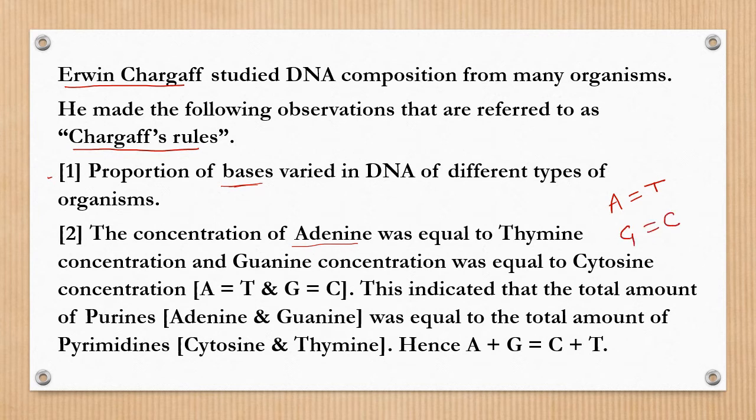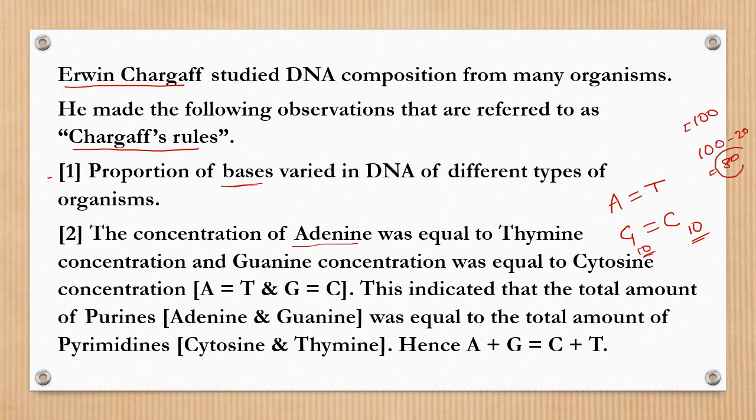Suppose cytosine is 10 and guanine is also 10, and thymine is 10 and adenine is also 10. Suppose the total is 100. Cytosine is 10 and guanine is also 10, that means 20. So 100 minus 20 gives 80.